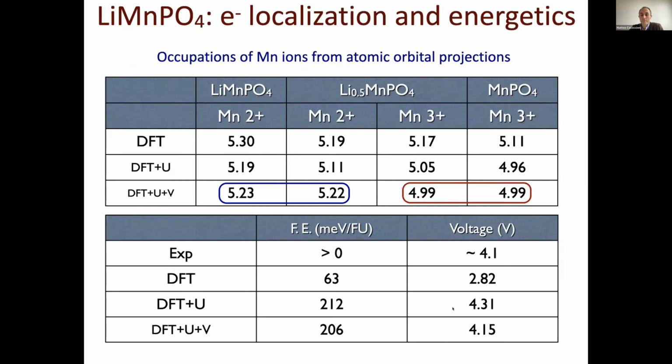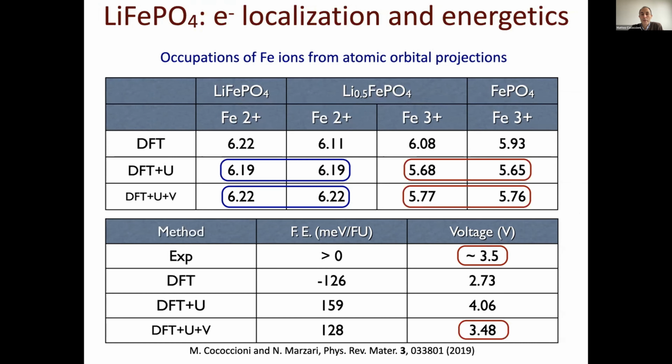You see here a much closer representation of the experimental value that you can get also within this approach. What about the iron material? Well, the iron material that works already well with the +U works equally well with the +V, and that also refines quantitatively the prediction on the voltage.